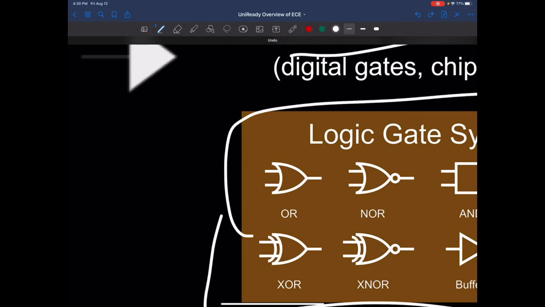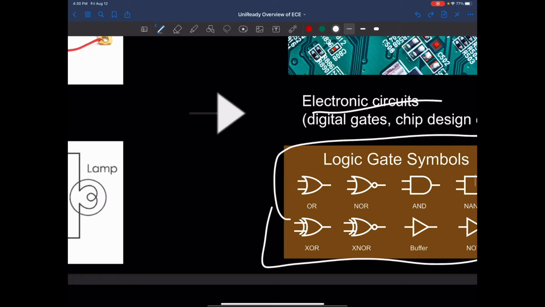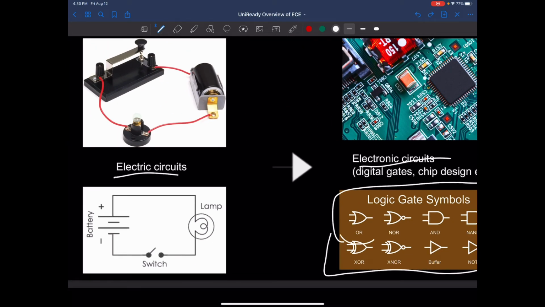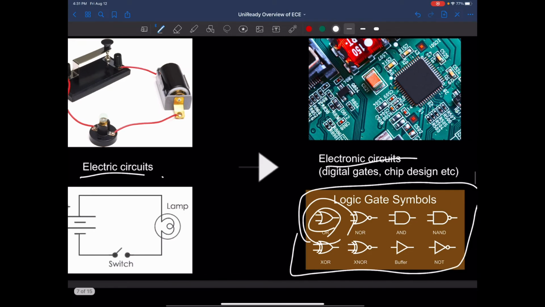And to make this functionality, it's actually pretty complicated because you can make this OR gate using electric circuits, but it does require quite a lot of electric circuit components. But we kind of abstract that to just this one OR gate, right?